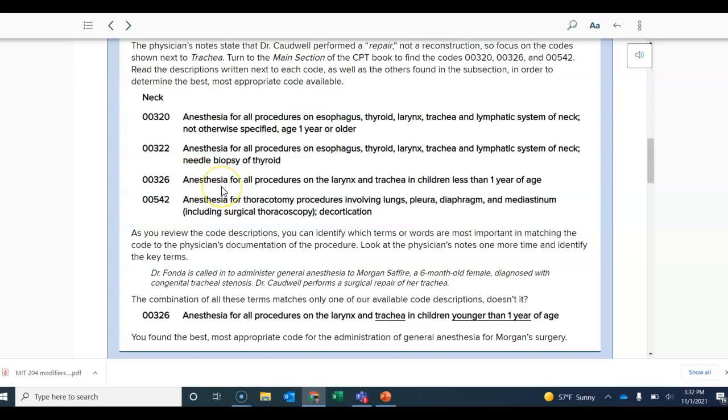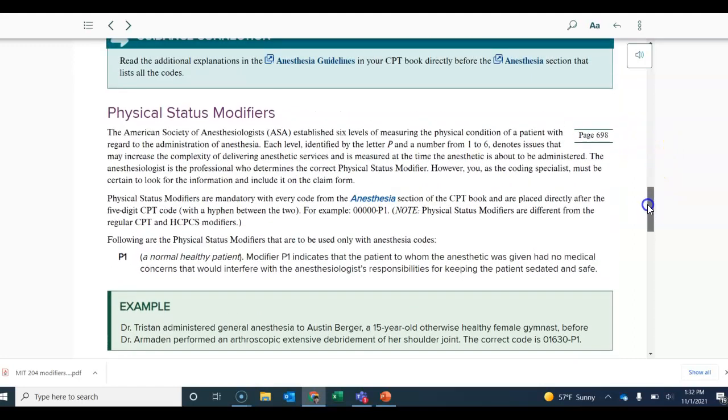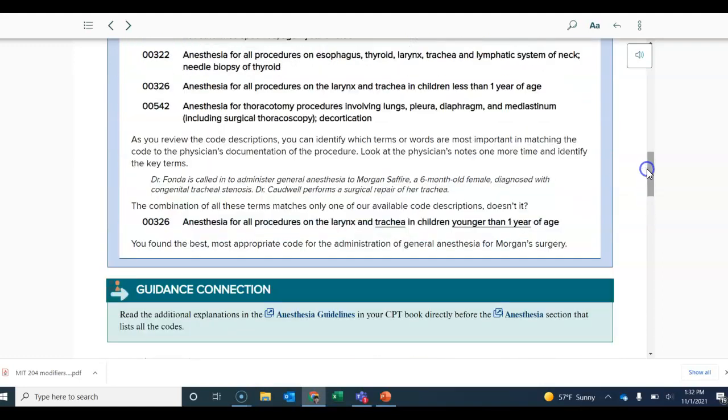So like anything on the larynx or trachea, okay? To look up anesthesia, and then either the body part, body area, or the exact procedure, like breast mastectomy, okay?